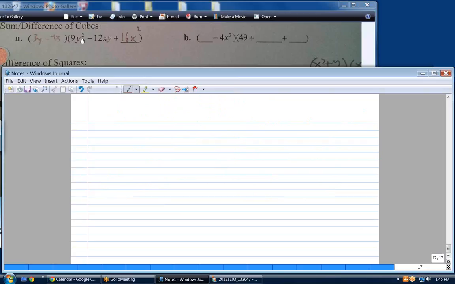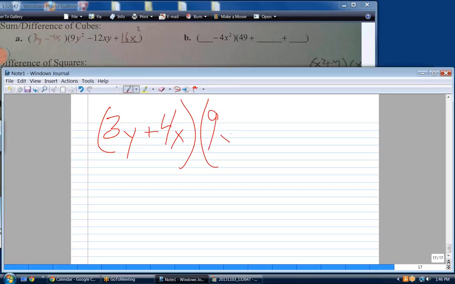So what they gave you here, everything that's not filled in pencil, right? The only thing you got wrong here is the signs are always opposite when we're doing sum and difference of cubes. So if it's 3y, it has to be plus 4x, that's the a term squared.